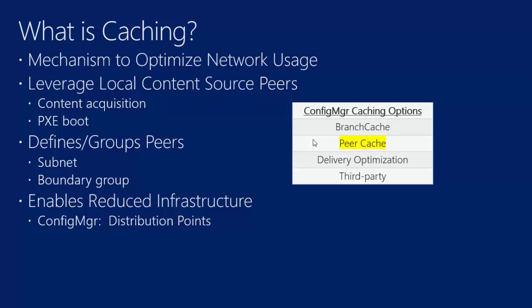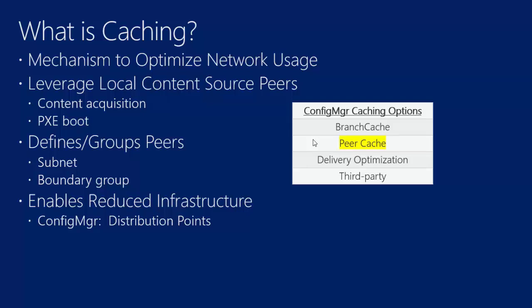A very commonly used mechanism is the subnet that clients are on. There could be peers on a given subnet that systems could leverage to retrieve content if that peer on the same subnet already has that content.